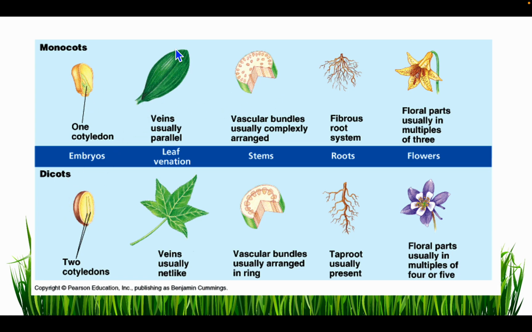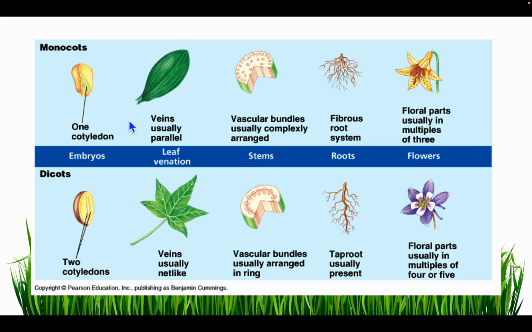Generally, when you look at the leaves of monocots, they're aligned along the stem, and their vascular bundles are very orderly. They have a very fibrous root, whereas dicots, like your apple trees, usually have vascular bundles arranged in a ring. They have a large taproot that goes down and then multiple flowers that go with it.